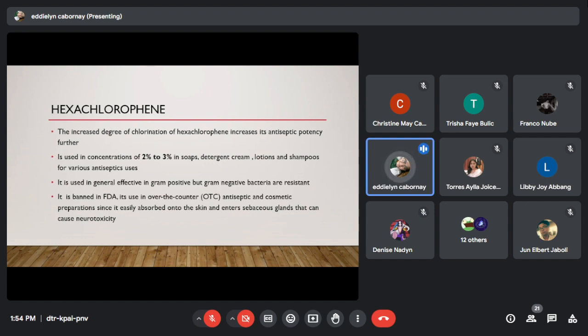It is banned by the FDA as an over-the-counter antiseptic and cosmetic preparation since it is easily absorbed into our skin and enters sebaceous glands, which can cause neurotoxicities. Neurotoxicity is a form of toxicity that has an effect on the structure of our central and peripheral nervous system.